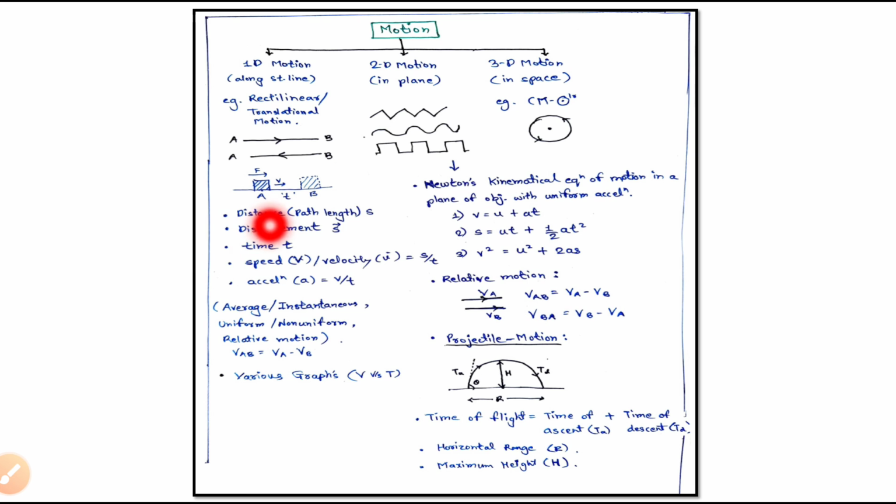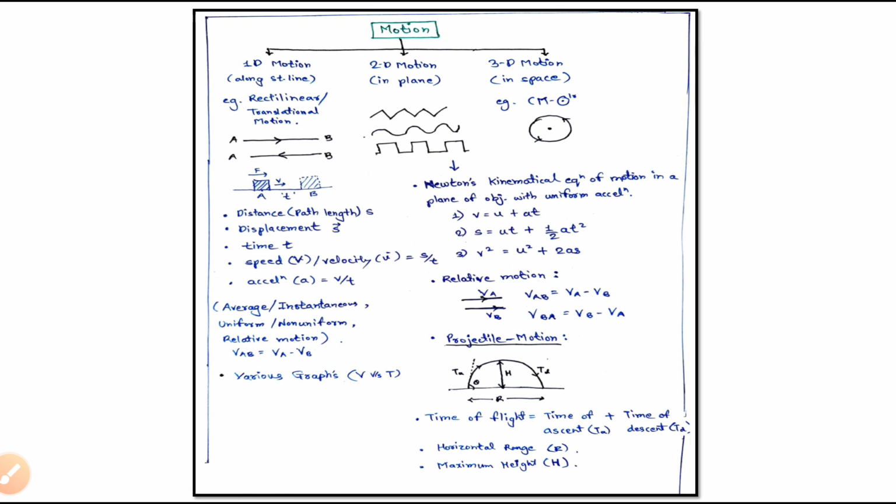Also, we studied displacement, time, speed and acceleration. With the help of all of these physical quantities we were describing a certain motion. Here we have not studied the force part which was responsible for that motion. So this was all a kinematic study of a certain circular motion or any 1D motion.